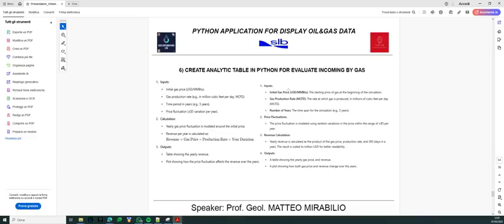Gas production rate: for this case we have just an idea of the gas production rate because we have analyzed all parameters, and number of days, the time spent on the simulation. In this case we can use 5 years, but we can also change it.